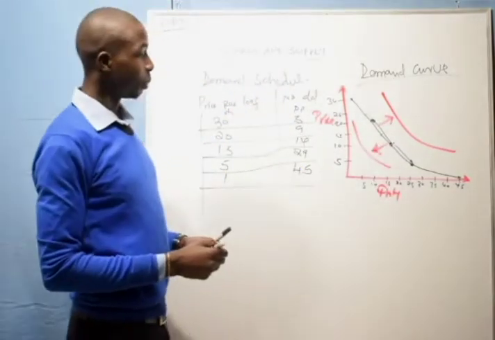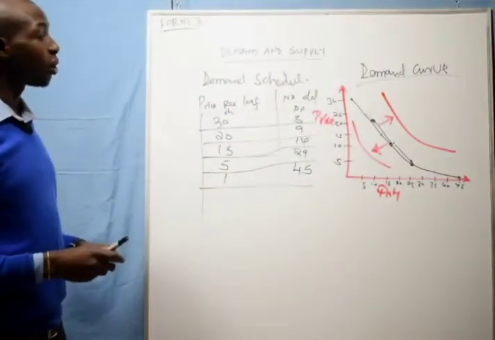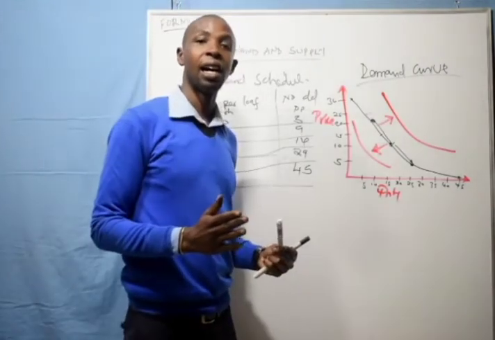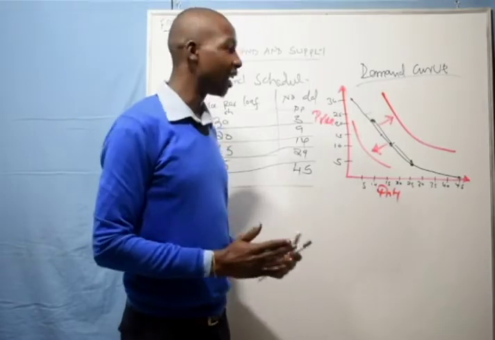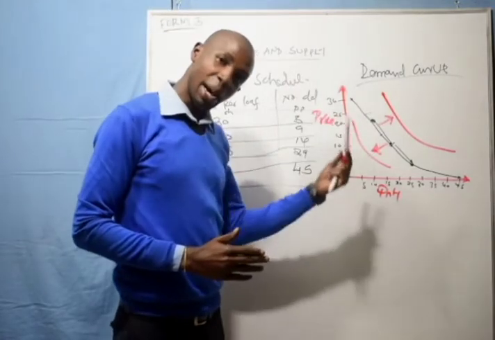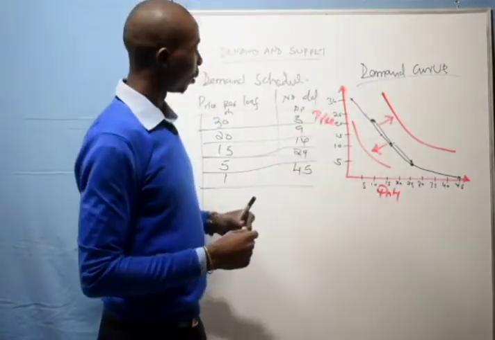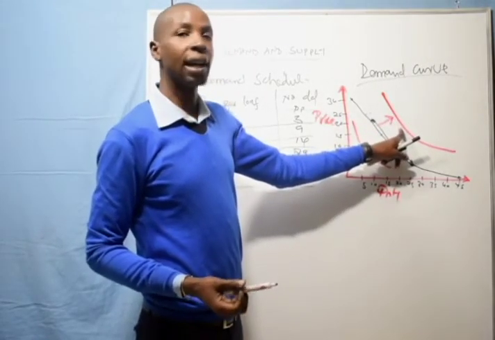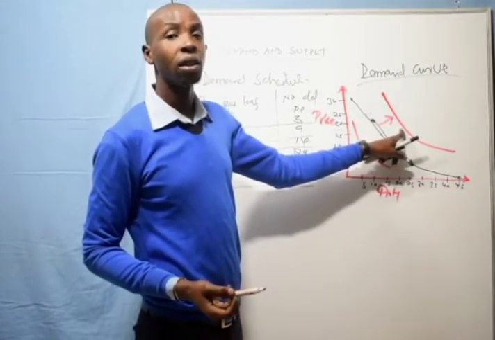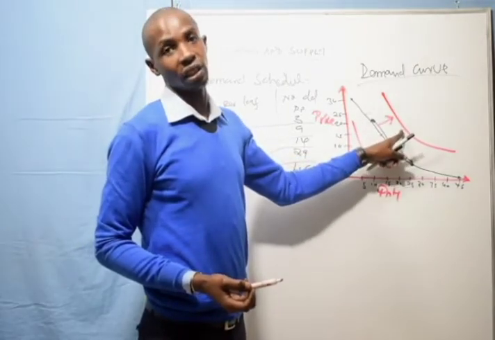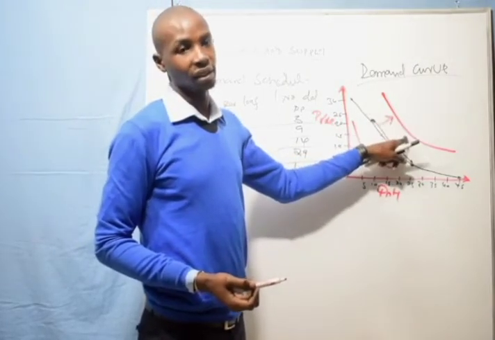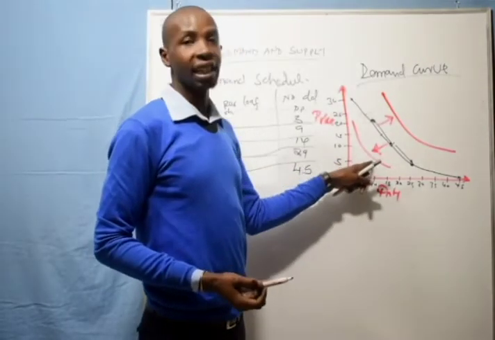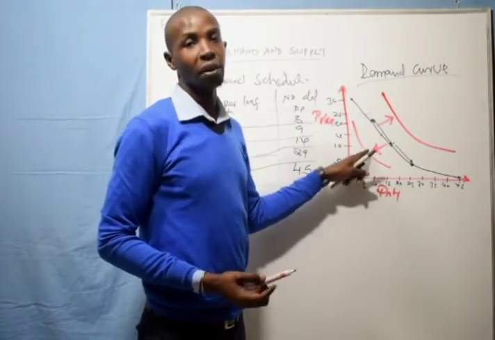This one is caused by any other factor other than the price. So a shift to the right increases the quantity and the price. A shift to the left decreases the quantity and the price.